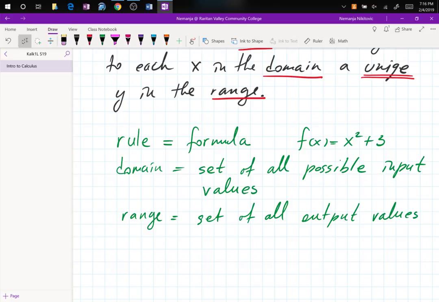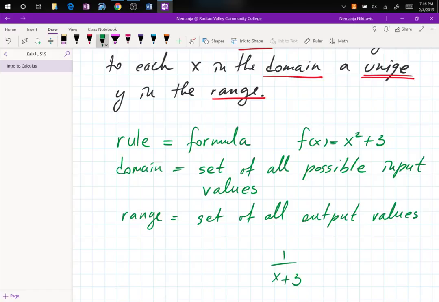Square root of x function, you are not allowed to use negative numbers because they create complex numbers as the result. In a function 1 over x plus 3, you are excluding what? Negative 3, thank you. Because negative 3 would make the whole thing explode. Can't divide by 0. No, that's literally explode. Explosion.